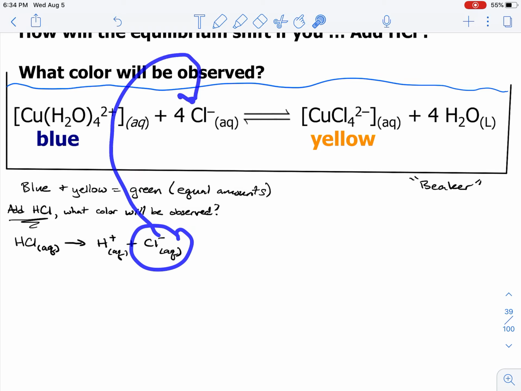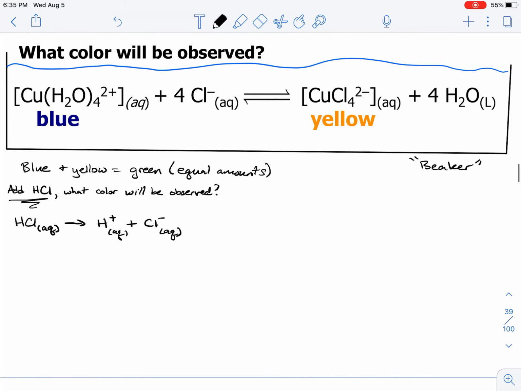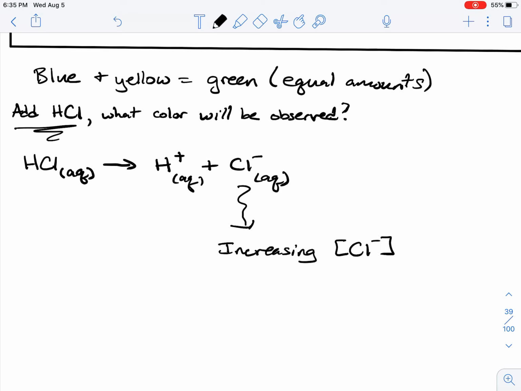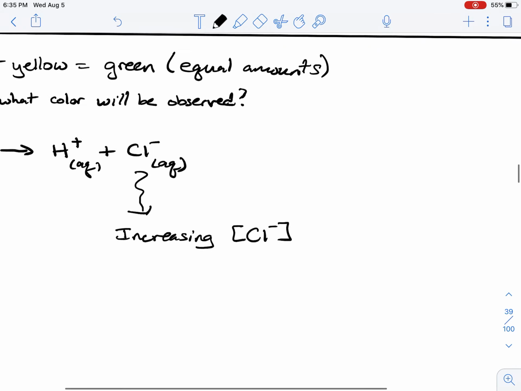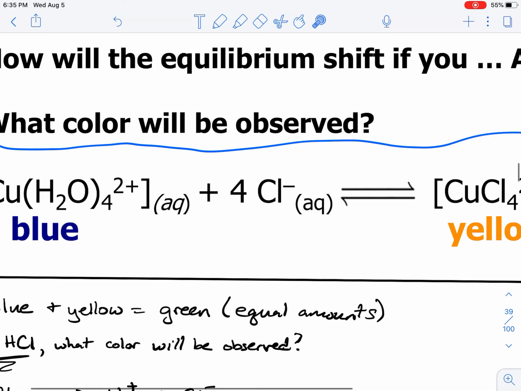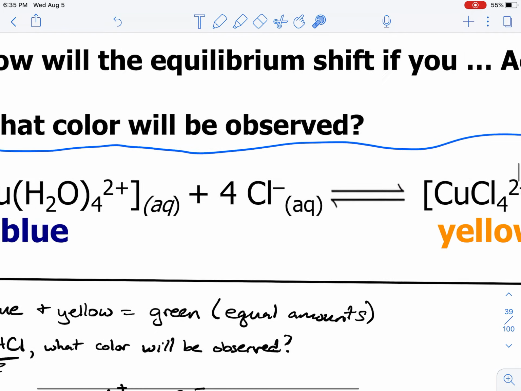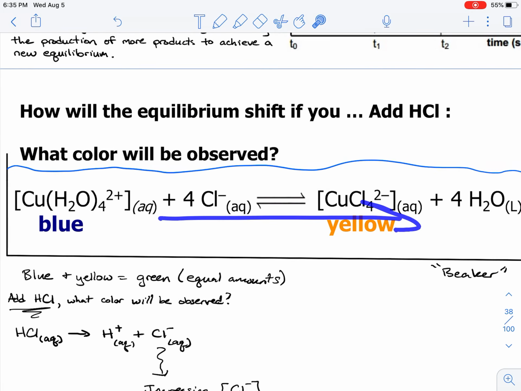And notice that in the chemical reaction, Cl minus is a reactant. So overall, we are increasing the concentration of Cl minus, and since Cl minus is a reactant, increasing its concentration is going to shift the equilibrium to the right.